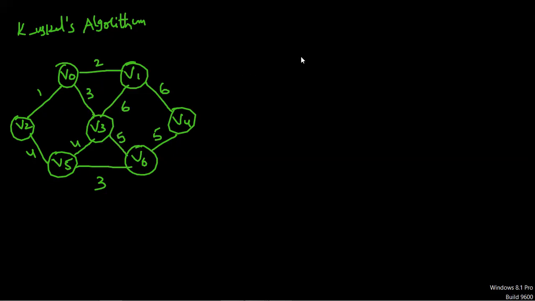When we find a minimum spanning tree, as you know, it should not contain any loops. As per Kruskal's algorithm, in step 1, we select the edge which has the minimum cost. Now coming to the graph, here the minimum cost is V0 to V2 with cost 1.